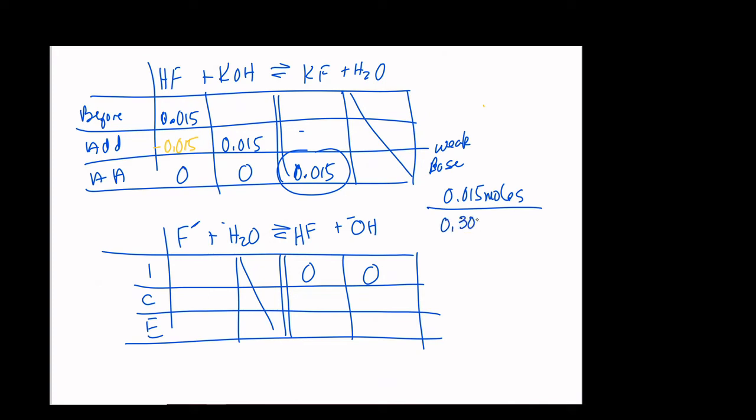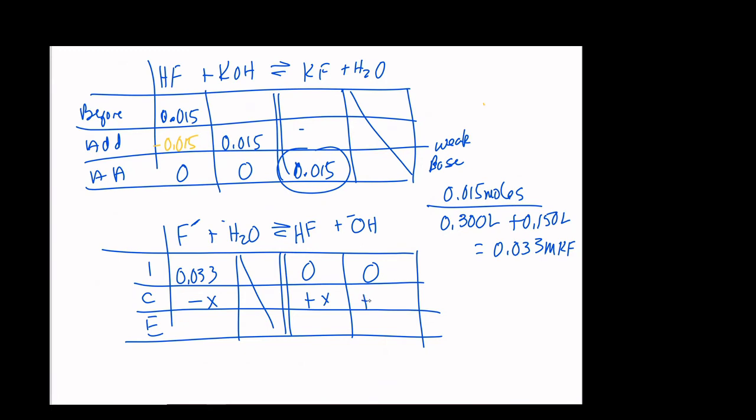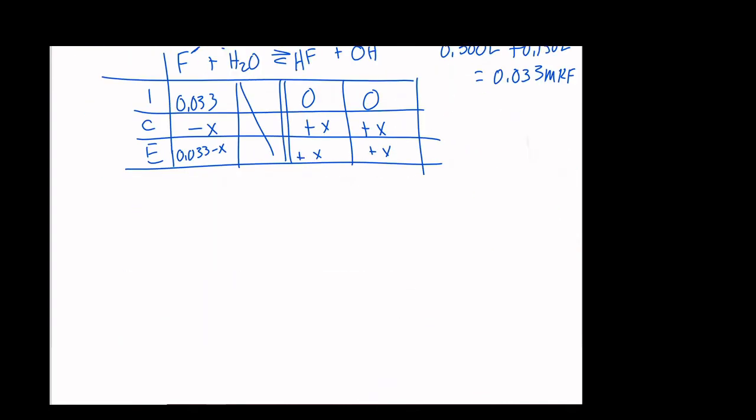So 0.300 liters plus 0.150 liters. So this is our acid plus our base that we added, and we get 0.033 molar KF. So we got 0.033 molar fluoride when we're starting. We're losing X of that, gaining X of that, gaining X of that because we're making an equilibrium table. So we end up with 0.033 minus X, plus X, and plus X.